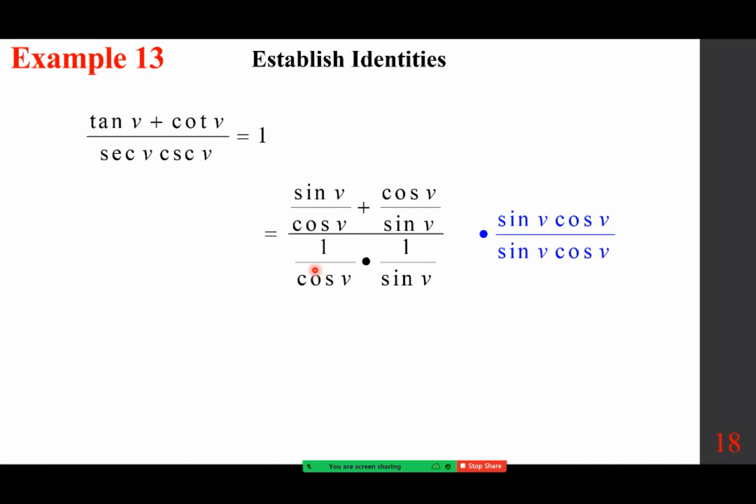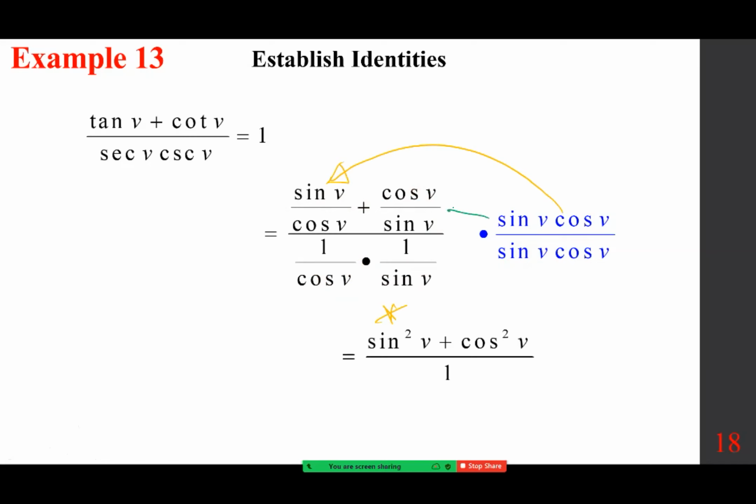When you multiply this one by this one, cosine goes away, and everything actually goes away. Simply they cancel each other. So let me quickly show you this. If you multiply by this one, gives you this.